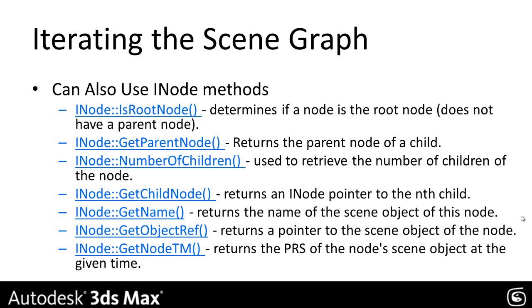And then there are functions like GetParentNode, the number of children, which is what you would start with to iterate the full scene. GetChildNode, which would be basically an index to the next node in a node's children set. You can get the name of the node, you can get the object reference, so it's basically a pointer to the object that the node is wrapping. And you can get things like the node transformation, which we talked about already.